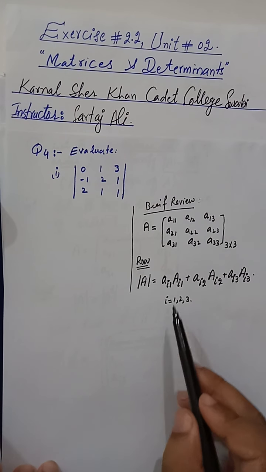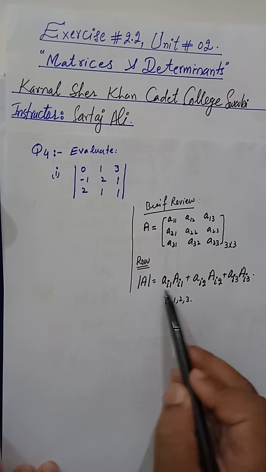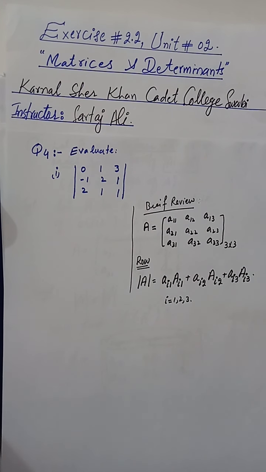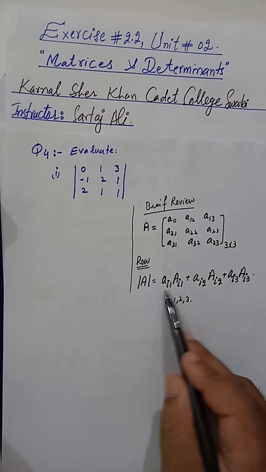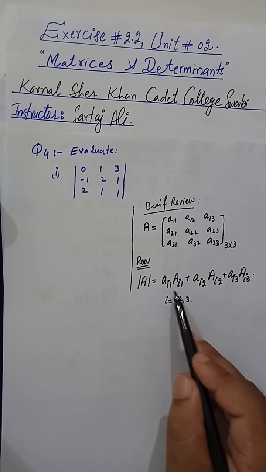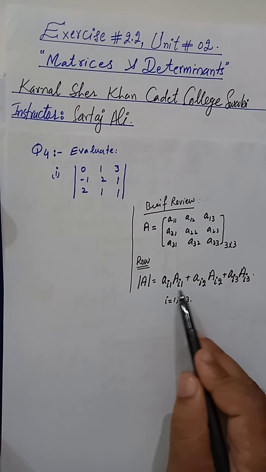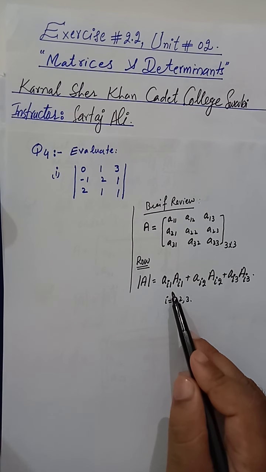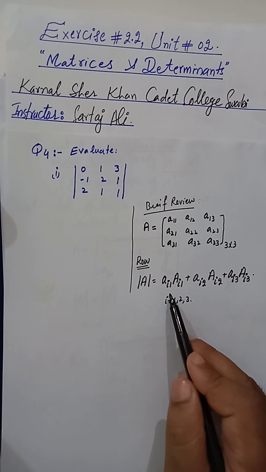So if you put i equal to 1, this formula becomes the determinant formula for matrix A using the first row. If you put i equal to 2, you will get the formula using the second row, and if you put i equal to 3, you will get the formula for the determinant of matrix A using the third row.